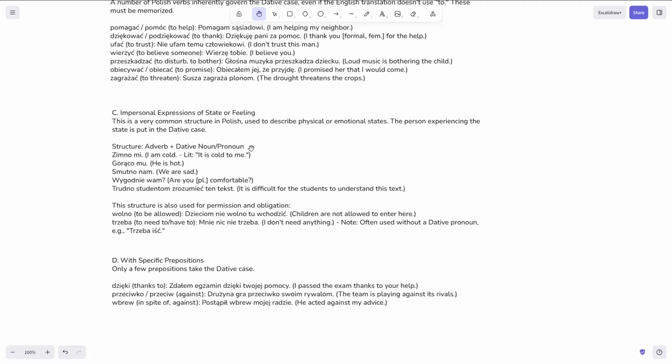So the basic statements of feeling or some emotional state, right? And in Polish, we use the words describing cold, hot, sad, and comfortable.